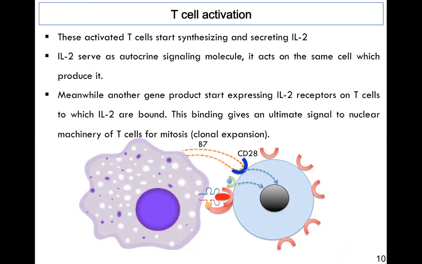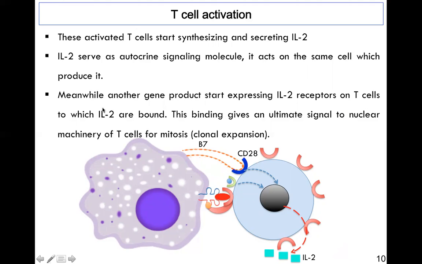What we learned in that lecture were the two signals for T cell activation: signal 1, which is the direct signal, and signal 2, which is the co-stimulation. This is the most important. We follow those two signals, leading to T cell activation and release of interleukin 2.